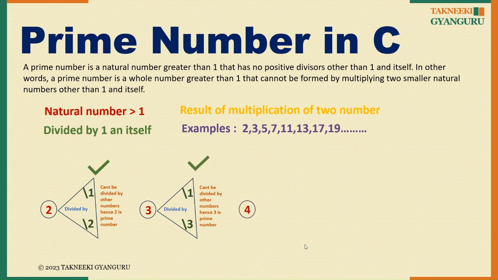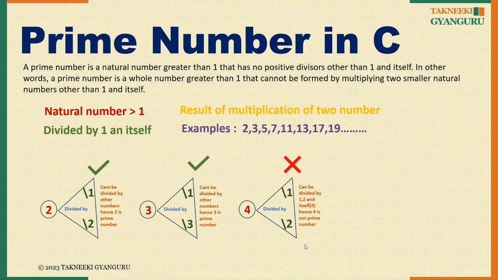And let's say 4. 4 can be divided by 1, 2, and 4 itself, right? Because we can divide it by 2, other than 1 and 4, that is why it is not a prime number.